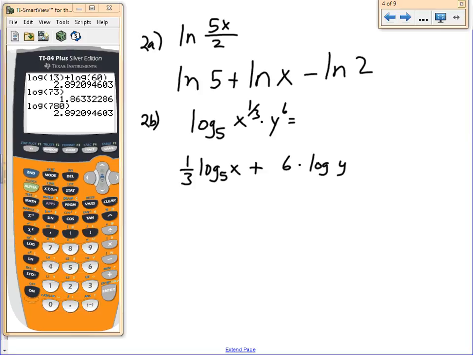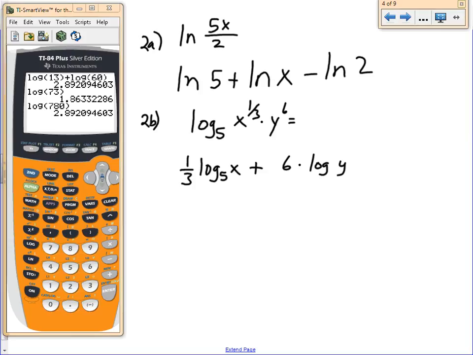Let's just play here for a second and make sure we understand what's going on. Let's look at this 6 times log of y. Give me a number, just somebody pick any old number to let y be. 2. Could I say -2? No, because of where it's at. Remember, that number has to be positive right there. Could I say -27? No, it's got to be positive.